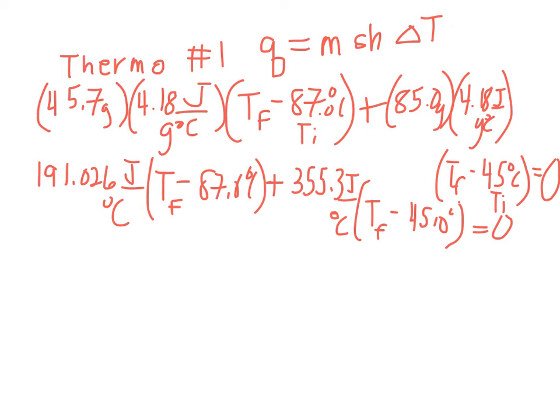Go ahead, continue doing the algebra. Eventually you come down to the point where you're combining the TF terms, carrying a lot of extra decimal places. We'll look at sig figs at the end.